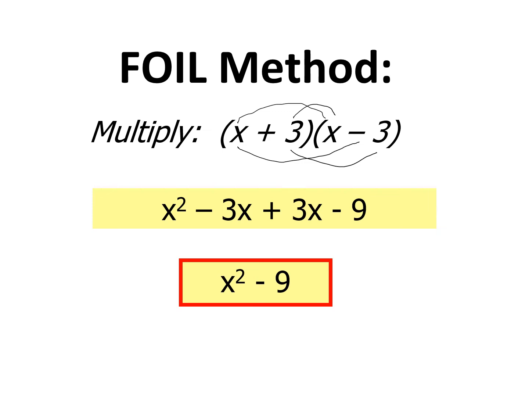Now take notice that the x squared here, the first term of the product, is actually the square of the first term, which is x, right? x times x, or x squared, is x squared. And then we have here 9. 9 is actually the square of our second term, which is 3. 3 squared is 9. Okay?